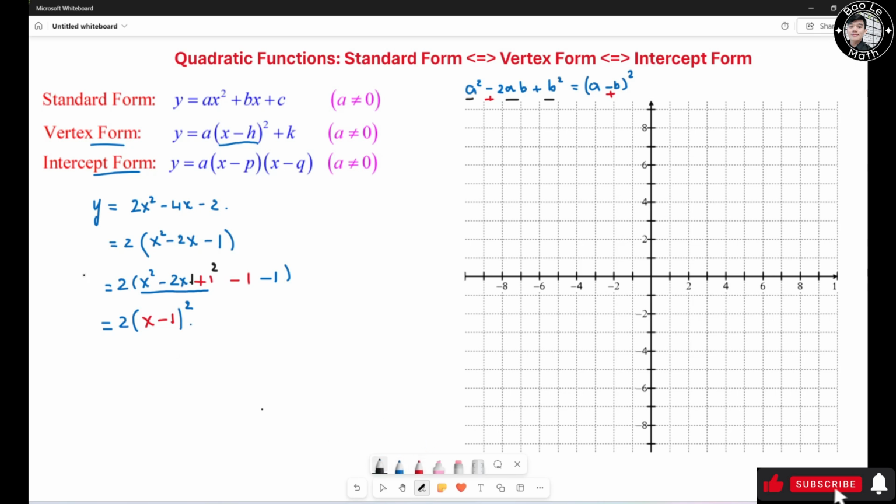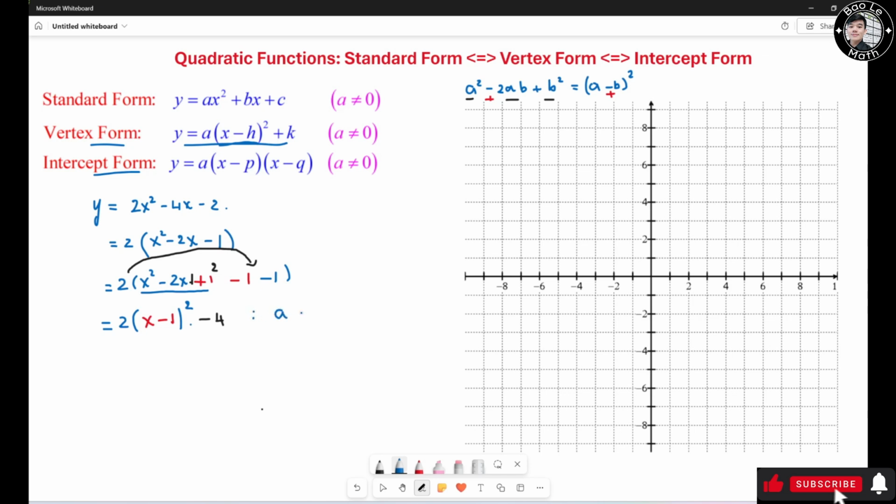You have the 2 out front, so you need to distribute it. 2 times negative 2 is going to be negative 4. So now we have the vertex form right here.